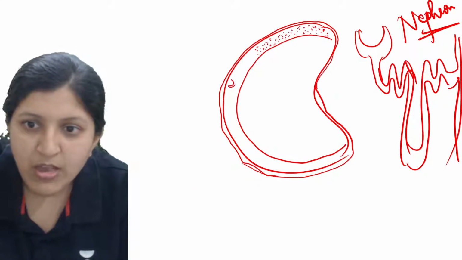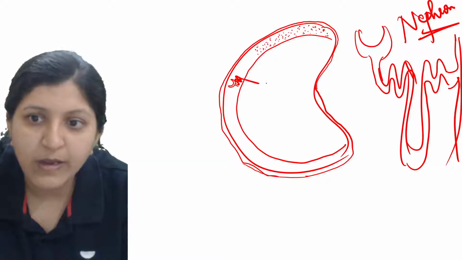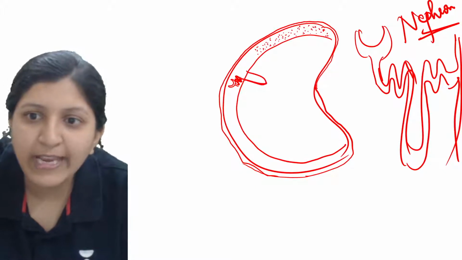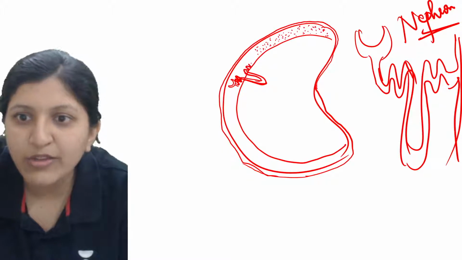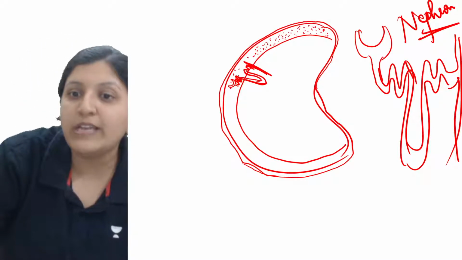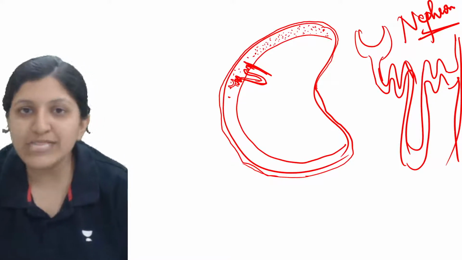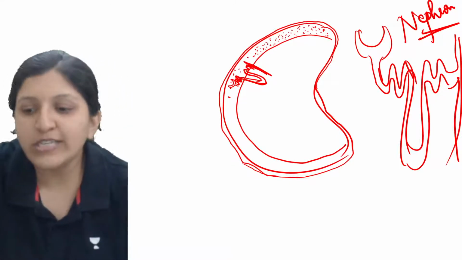The Bowman's capsule opens into the PCT over here. Henle's loop is going to enter below this. Then you can find a DCT, then the collecting duct. So the dotted appearance that you find is mainly this PCT, DCT, along with the Bowman's capsule giving that dotted appearance.